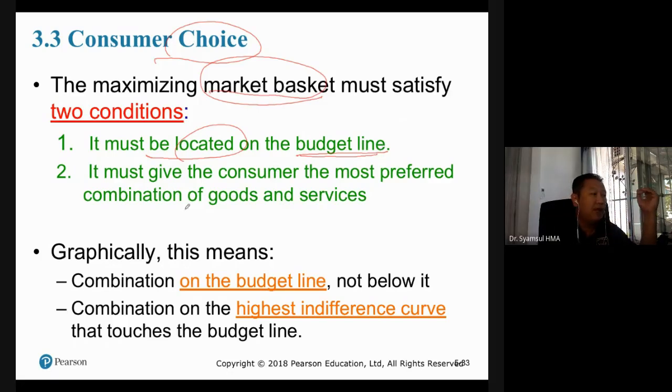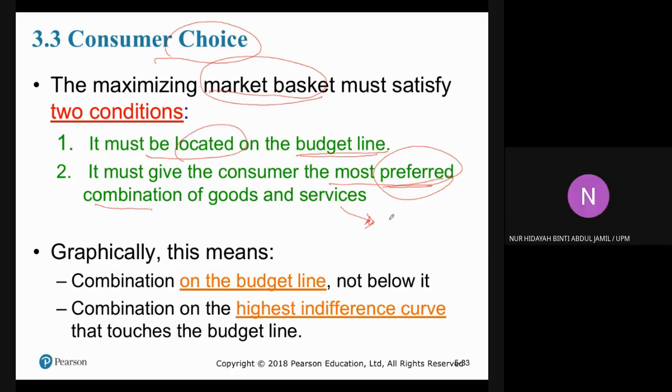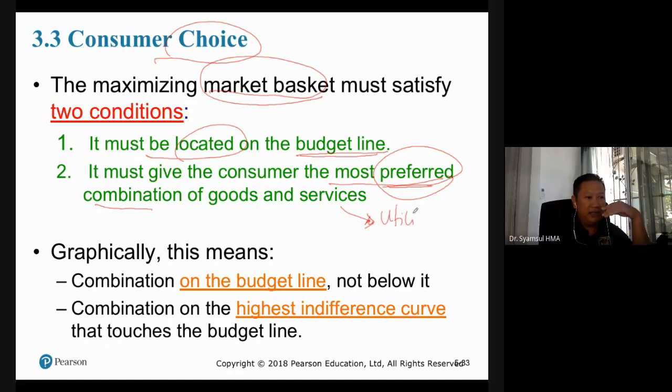And it must give the consumer the most preferred combination, which means the highest what? Utility. Yes, correct. The highest utility, satisfaction.